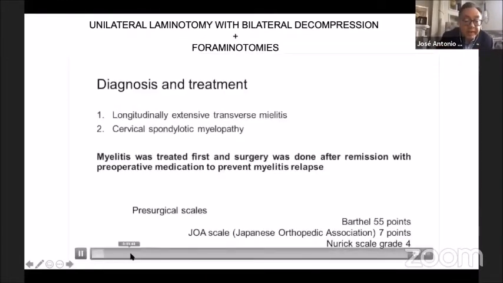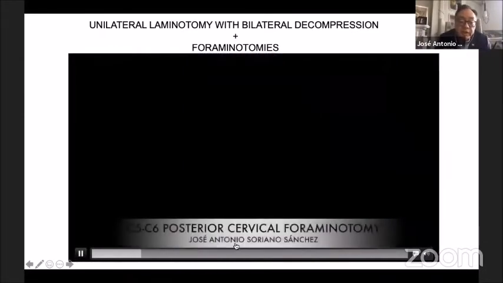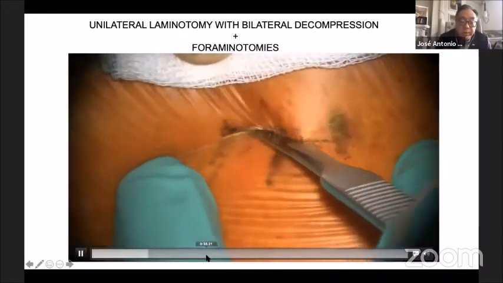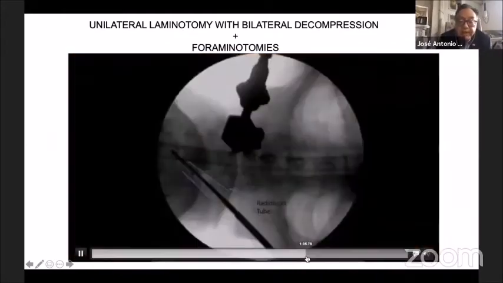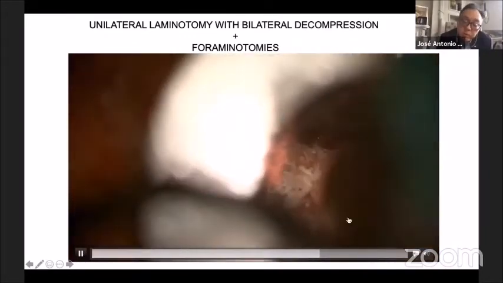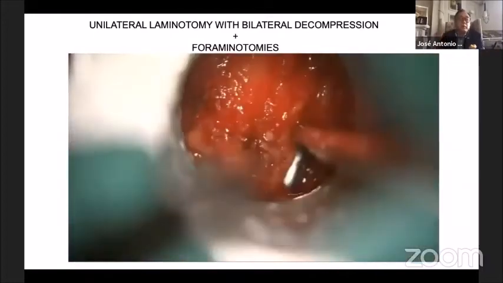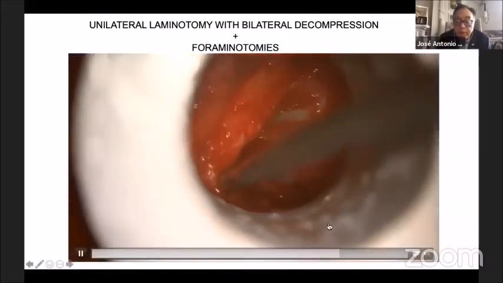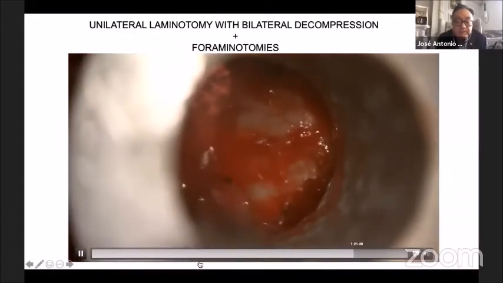Sometimes, in other cases, it's important to make not just a central decompression, but also a foraminotomy. So this case is just to mention it and to show how it's possible to make not just laminotomies and contralateral decompression, but also focal foraminotomies when indicated, like in this case.